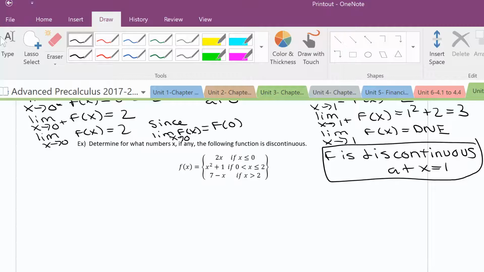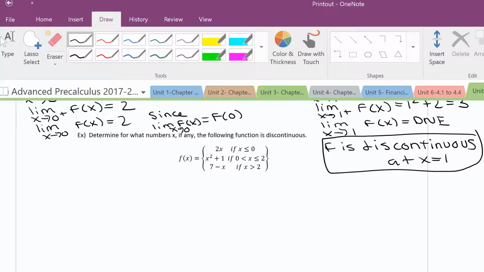So let's try the next one. So notice all of these functions, you have two linear functions and a parabola, so they are continuous on their own. So now we're going to check the boundaries. So at 0, f of 0 is equal to 2 times 0, which is 0.